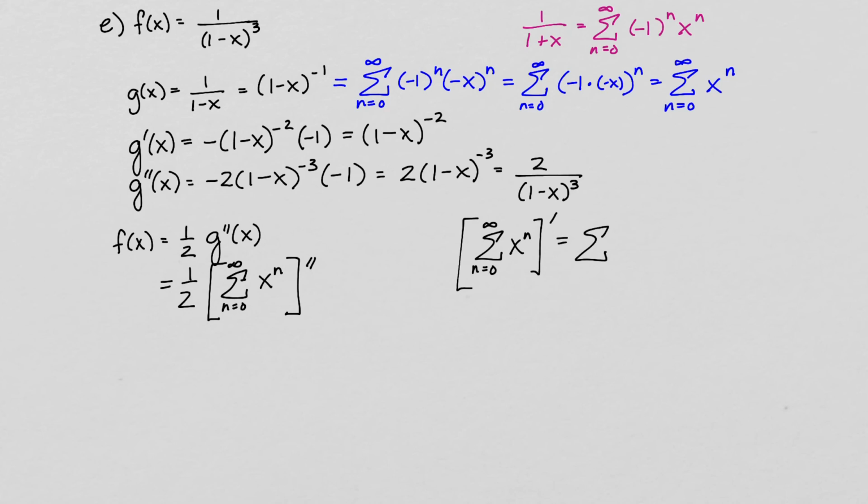Yeah, so it would be n x to the n minus 1. Now, the very first piece, when you plug in n equals 0, is just x to the 0, which is just 1. Remember, the derivative of a constant is 0. So the first piece, when you take the derivative of the series, goes away. So the derivative actually starts at n equals 1.